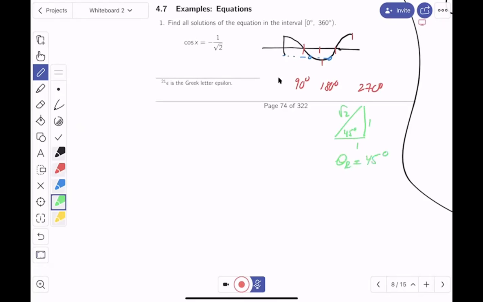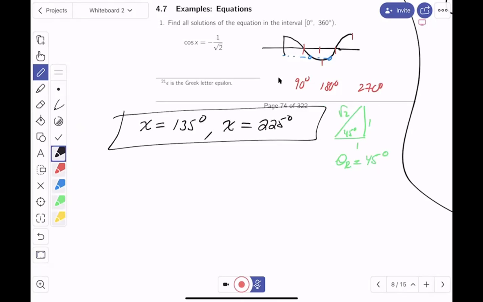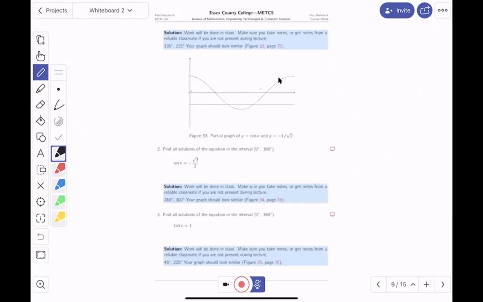My first angle is between 90 and 180. And if it's between 90 and 180 with a reference of 45 degrees, the angle x would be 135 degrees. Now the next one's going to be between 180 and 270, but with a reference of 45, that means it's 225 degrees. All right, go to the key, make sure you're seeing those 2 numbers, the 2 numbers that you're seeing over here, right there.